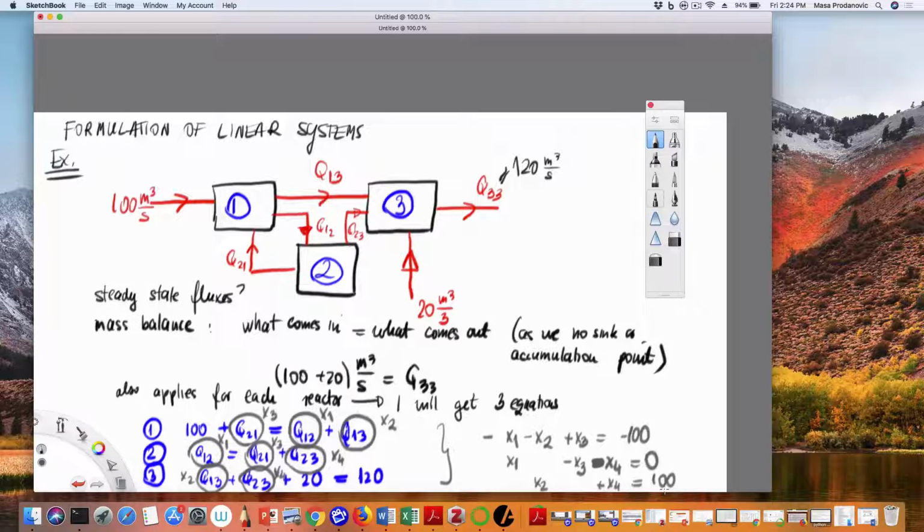Okay? So how many solutions at best will I have? In the best case that I actually have some solutions, there will be infinitely many because I don't have a system that is fully determined, which is a good thing. Imagine a situation where you have to hit precisely given fluxes, one of them 53, one of them 100, in all of these pipes in order to flow.